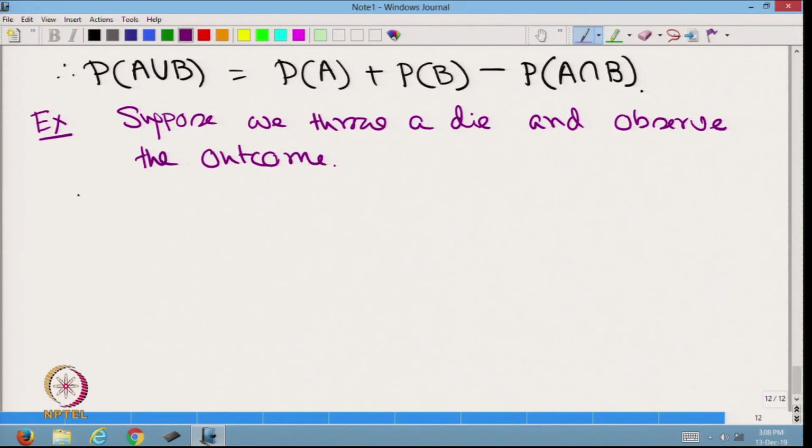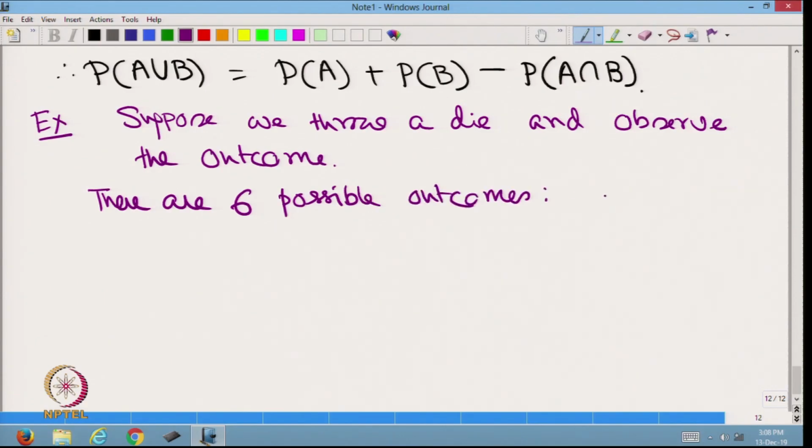We know that there are 6 outcomes. That is, omega is equal to 1, 2, 3, 4, 5 and 6.